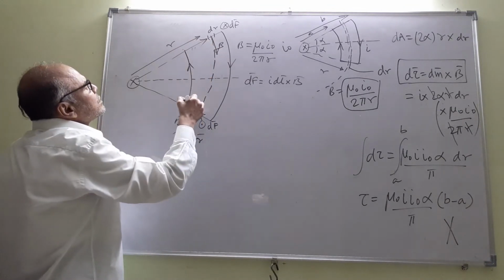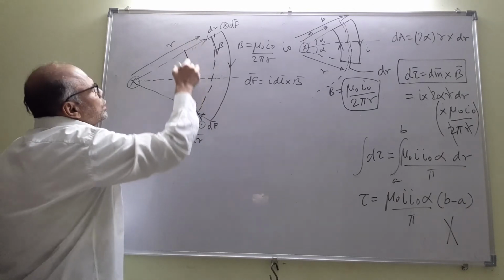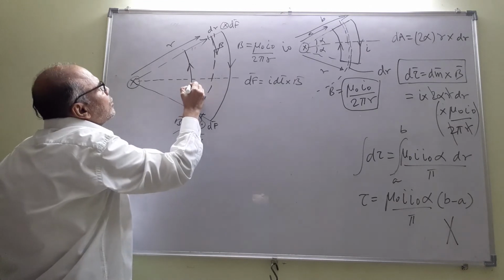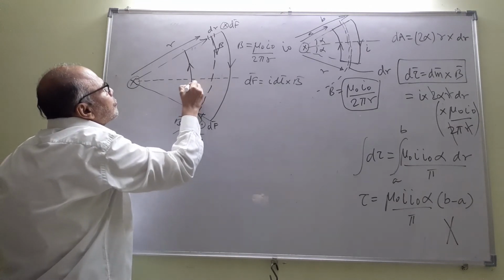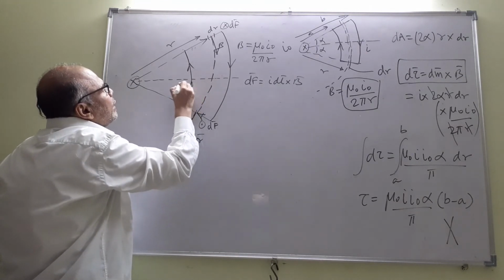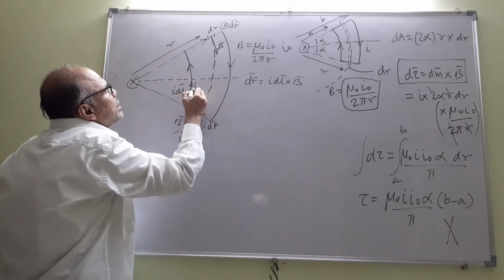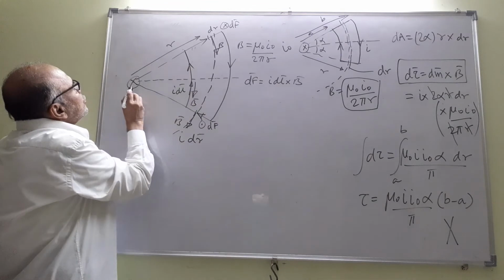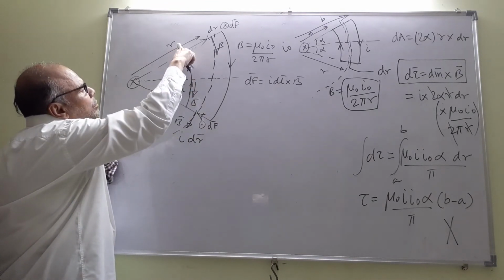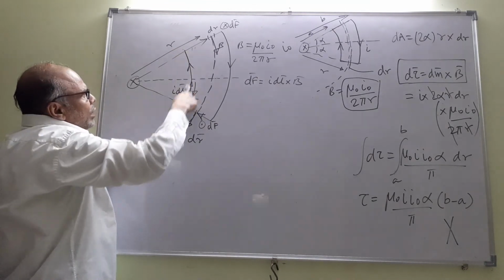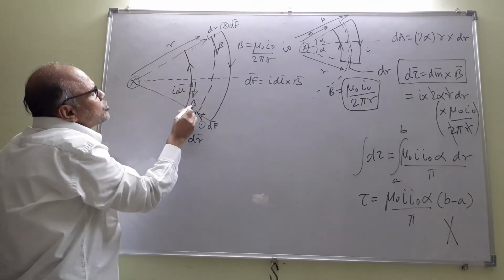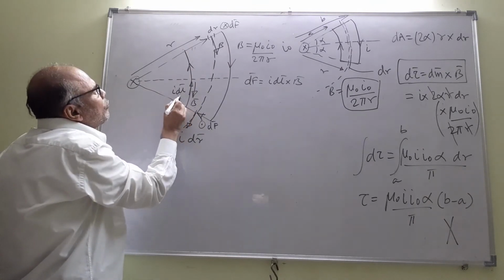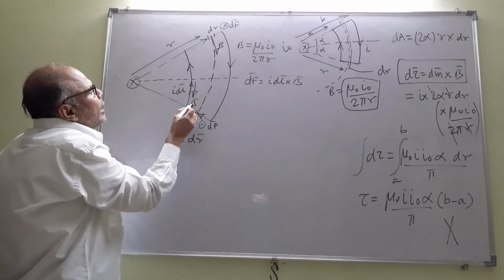Now as far as this is concerned, the force on all these would be 0. Why? Because the element IdL and B are collinear. The magnetic field due to this is along this wire. So IdL cross B would be 0 because the angle between IdL and B is 0, or 180 rather.